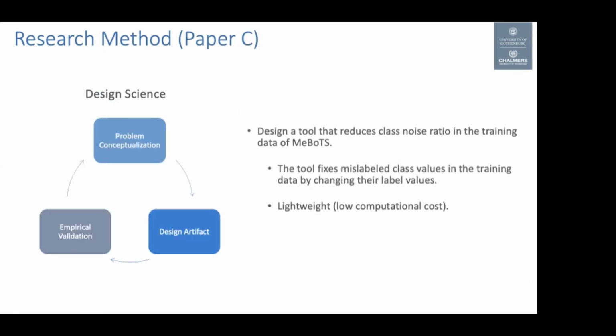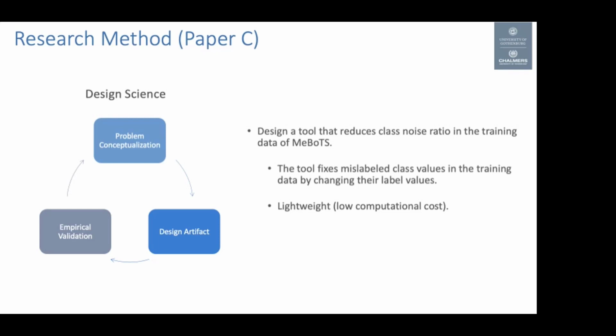So for the first fold, remember I said that we wanted to design a tool to reduce the ratio of class noise. So we designed a tool for that purpose, and the tool actually fixes the label values in lines that are in contradiction. If the tool encountered 2 contradictory entries in the data, one labeled 0 and the other labeled 1, then it would relabel the class value of the line annotated with 0 to 1.